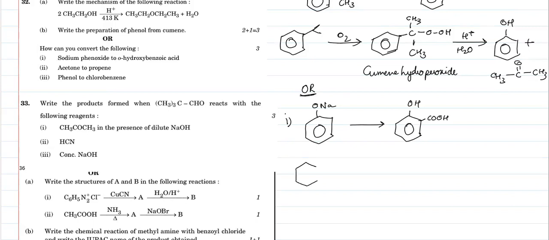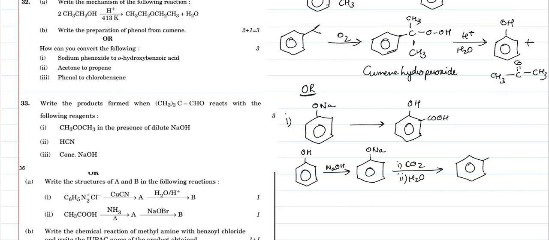When you have the Kolbe's reaction, you have phenol on reaction with sodium hydroxide giving us sodium phenoxide. And this on a further reaction with carbon dioxide followed by water is going to give us the product that we need, which is orthohydroxybenzoic acid.